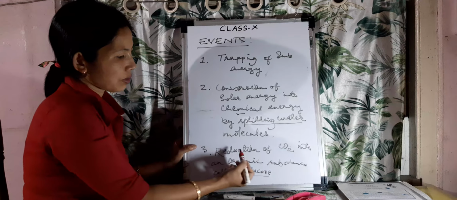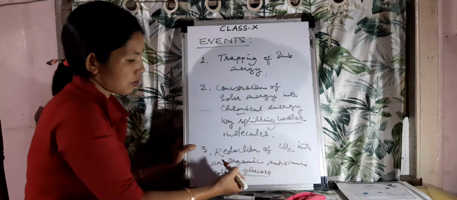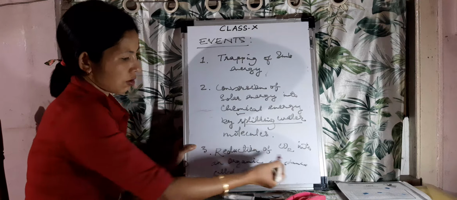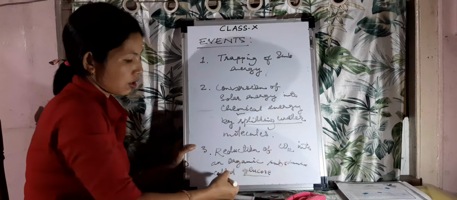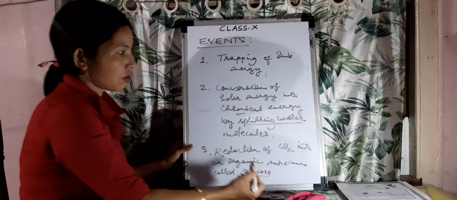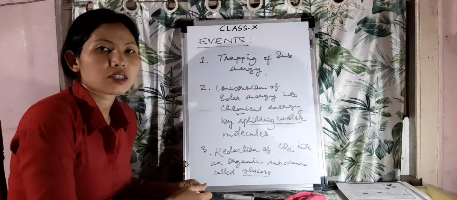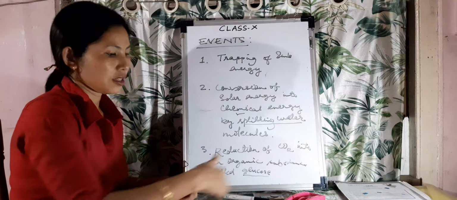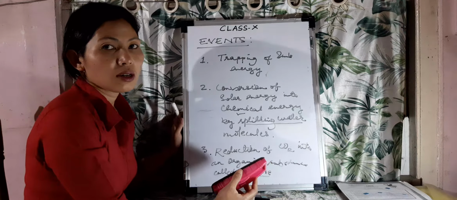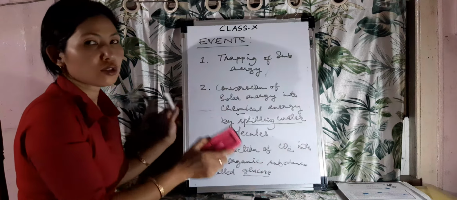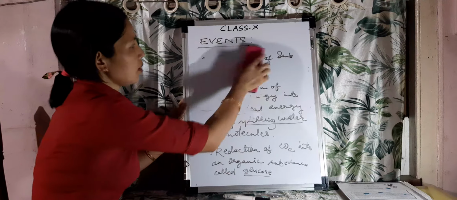And thirdly, reduction of carbon dioxide into an organic molecule called glucose. Okay, so these are the major events, and these major events can also be explained under 2 major steps. I am going to explain those major steps.